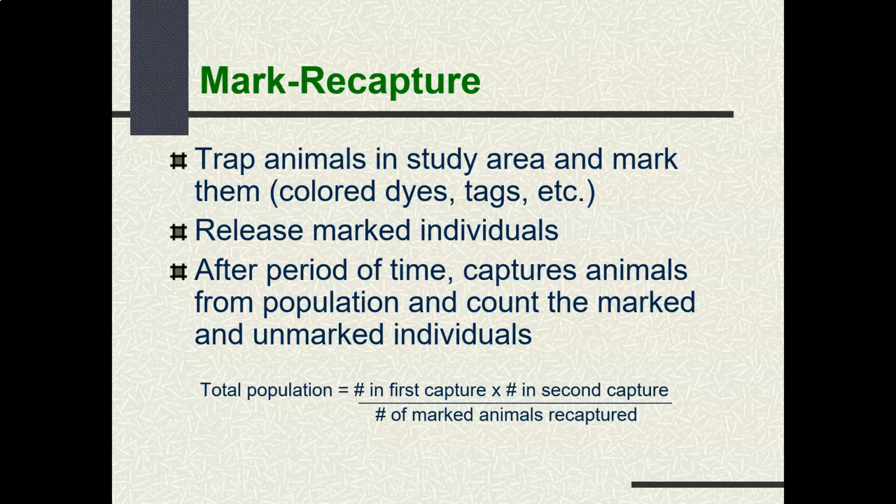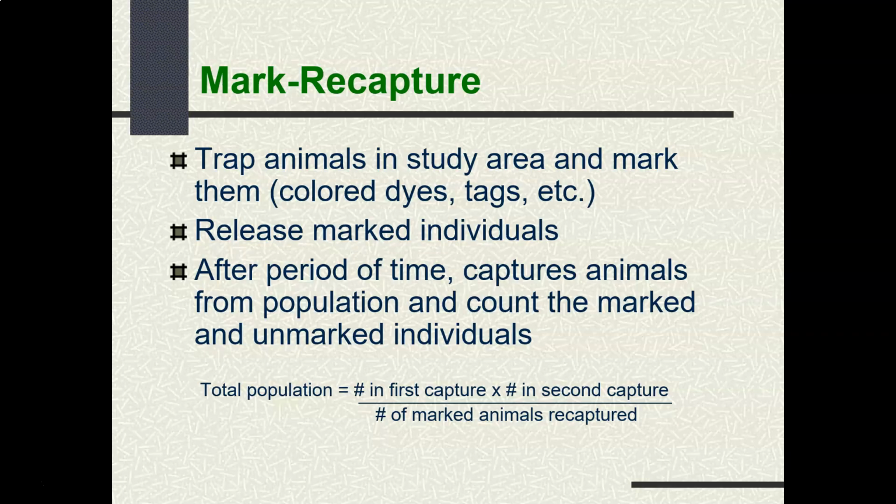Mark recapture is another option, and this one's kind of interesting. We do this one actually a lot for organisms that tend to move around. Also, a big one when we talk about migratory organisms. So the idea here is that we trap the animals in our study area and mark them in some way. Colored tags, colored dyes.